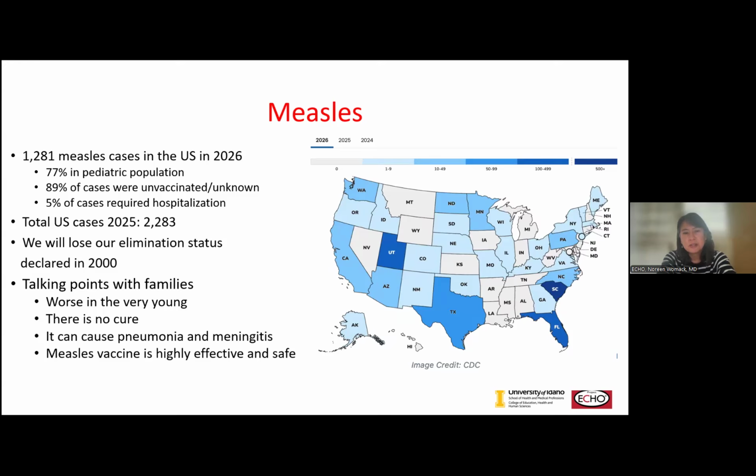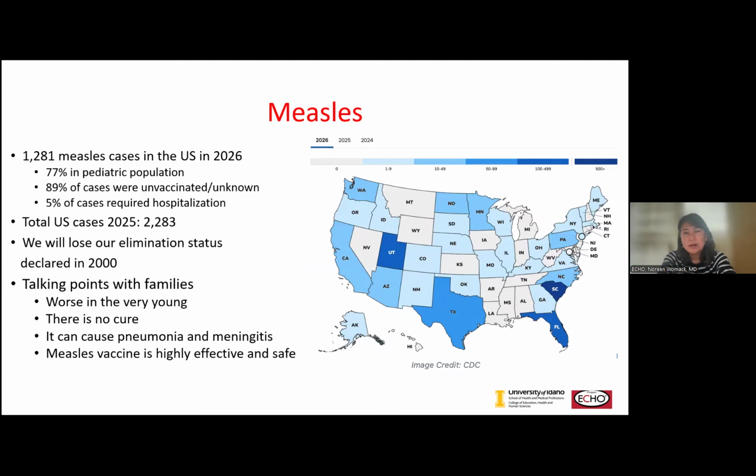So far this year, there are over 1,200 cases of measles. And so we are well on our way to having way more cases than we had last year. Thankfully, we have not had any deaths yet this year, though we did have some last year.